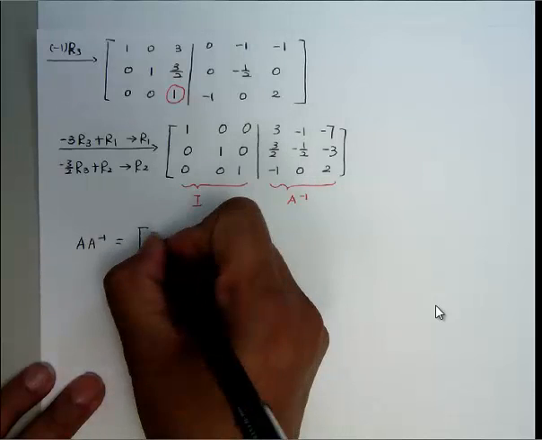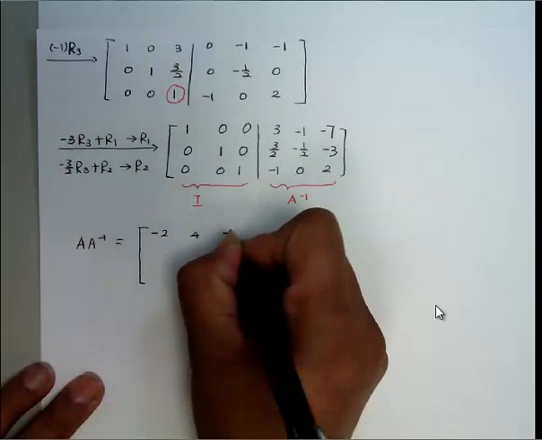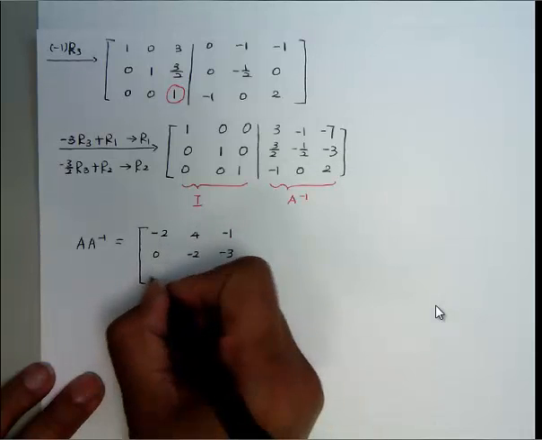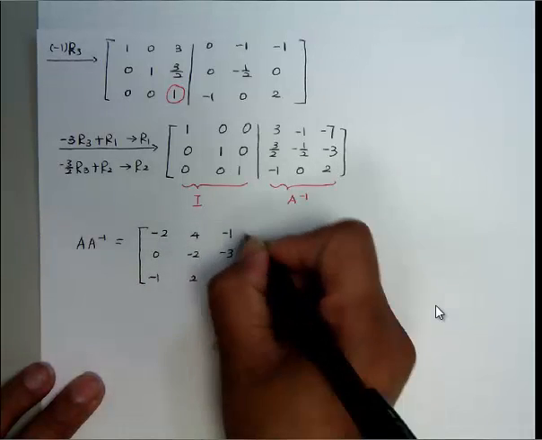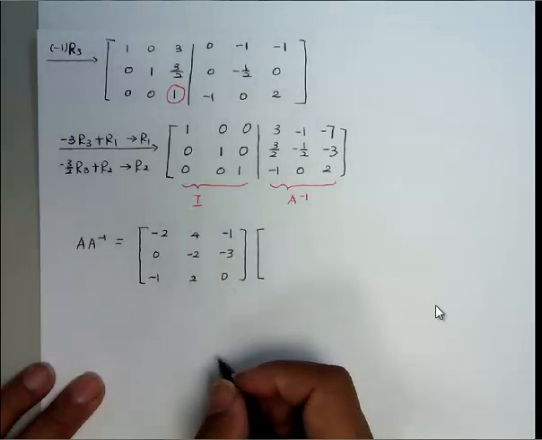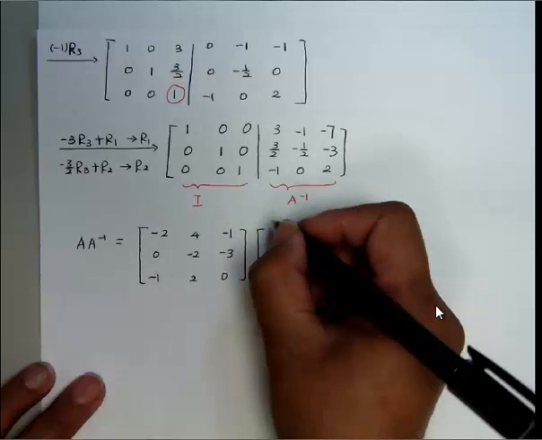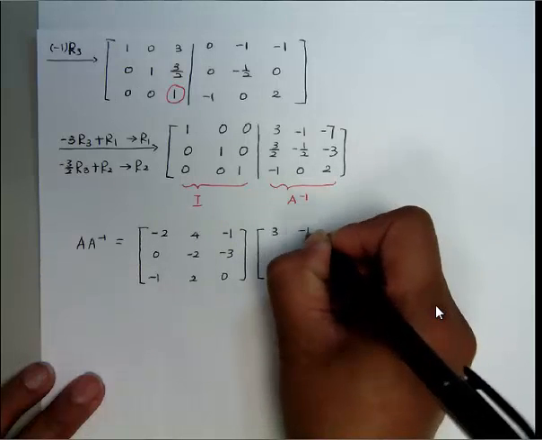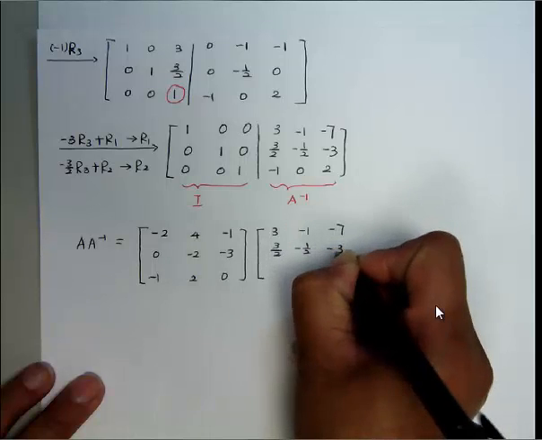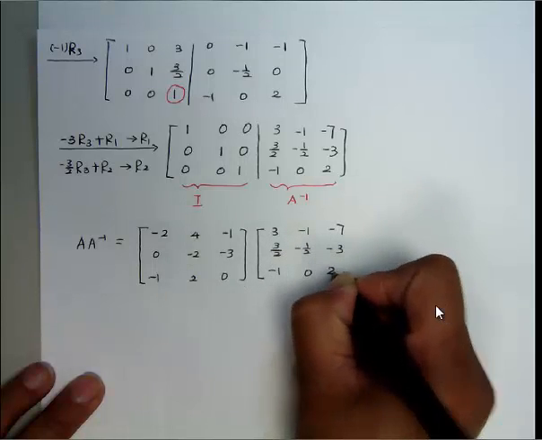Matrix A is negative 2, 4, negative 1, 0, negative 2, negative 3, negative 1, 2, 0, times the proposed inverse. Okay, the proposed inverse is 3, negative 1, negative 7, 3 half, negative 1 half, negative 3, negative 1, 0, and 2.